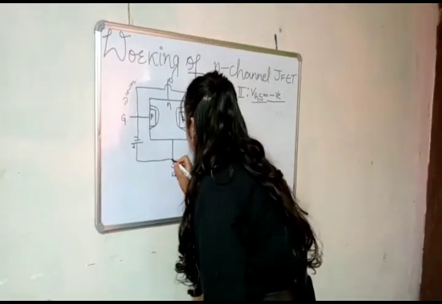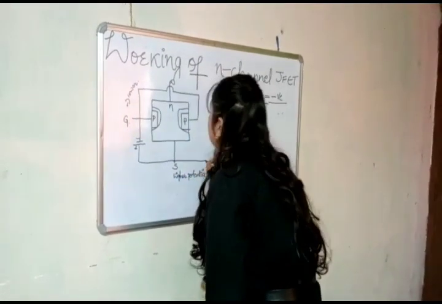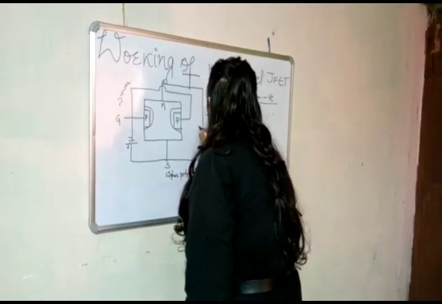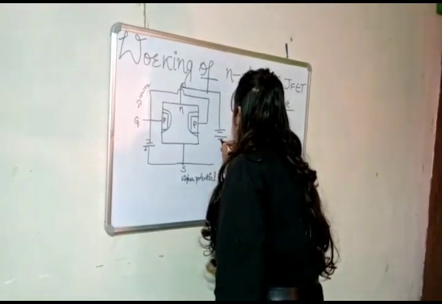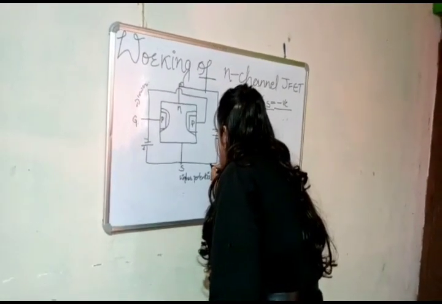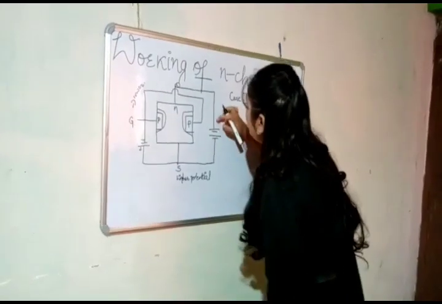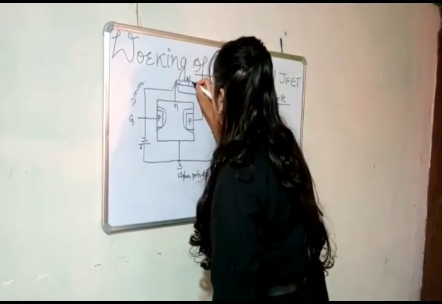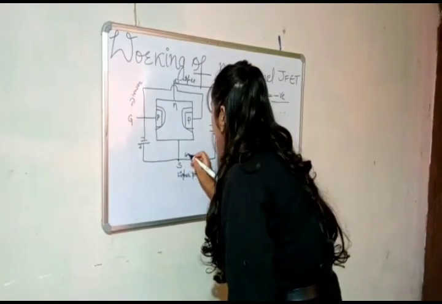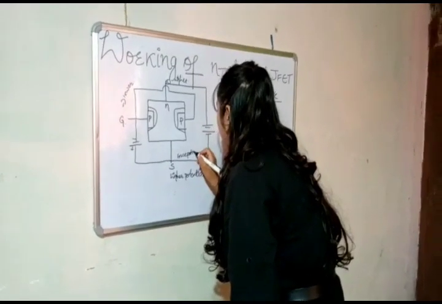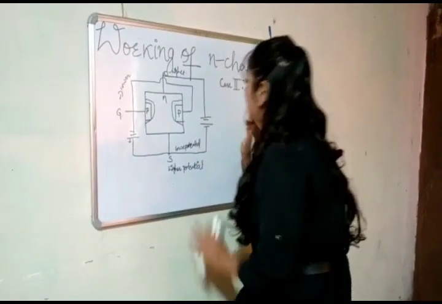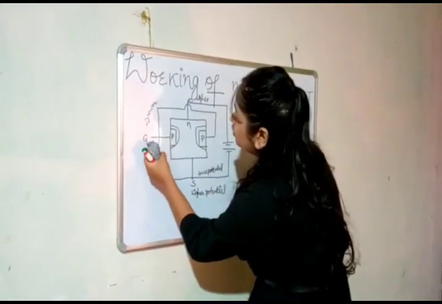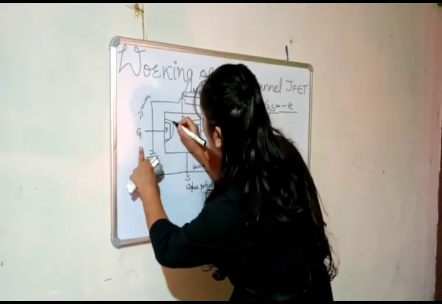And now when we join this source and the drain terminal, drain to the positive and source to the negative end of the battery, as in case 1, it will be in higher potential and it will be in lower potential. But here the difference between case 1 and case 2 is that because this gate is in lower potential, the depletion layer has already increased.